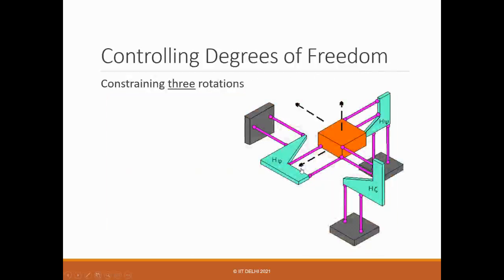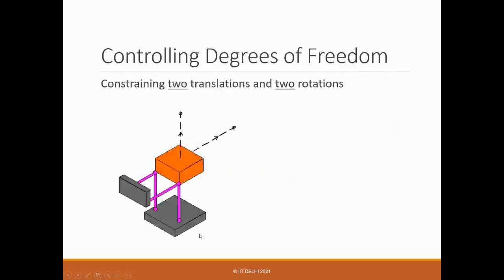You can always define that. Suppose you have to constrain all the 3 rotations. Of course, in the orthogonal direction you can have 1, 2, 3 of them, and you can then constrain 3 rotations. Likewise, you can constrain 2 translations, 2 rotations. I would like you to try it yourself and find it out.